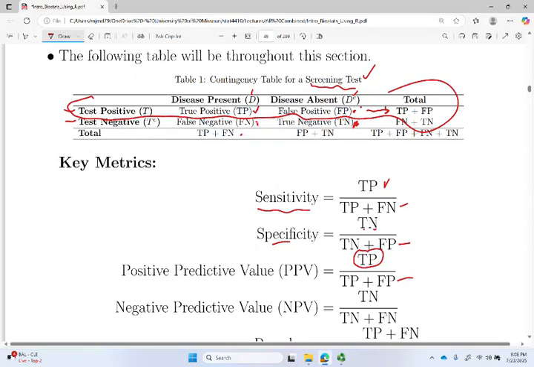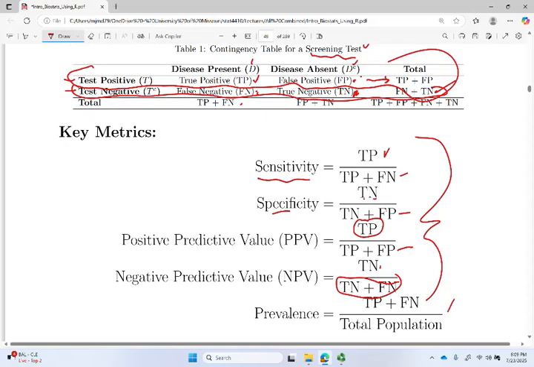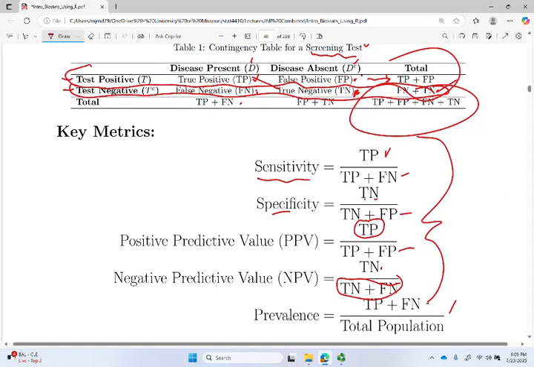And then the negative predictive value is from the ones that tested negative. That's what this denominator is, that one. How many were true negatives? So these are all actually correct decisions, but thought about a little bit differently. And of course, the prevalence of the disease is the number with the disease out of your total population.